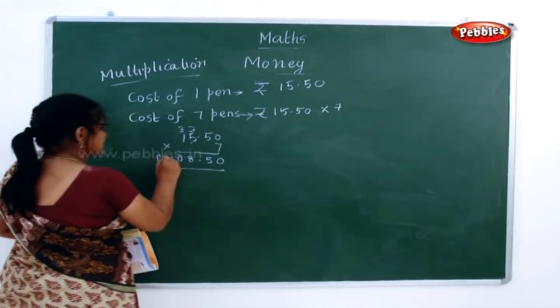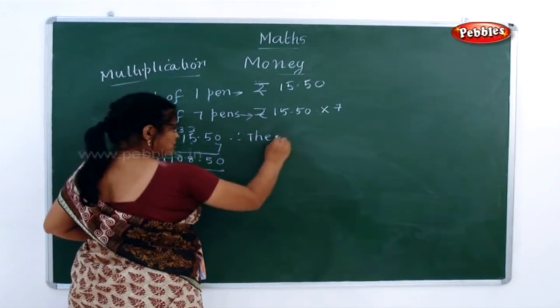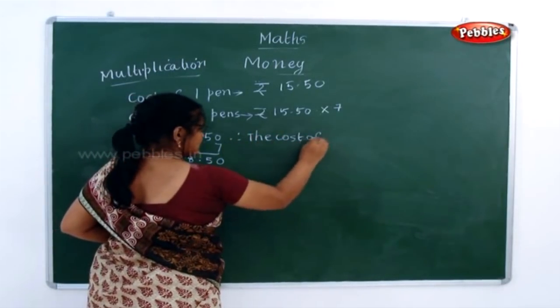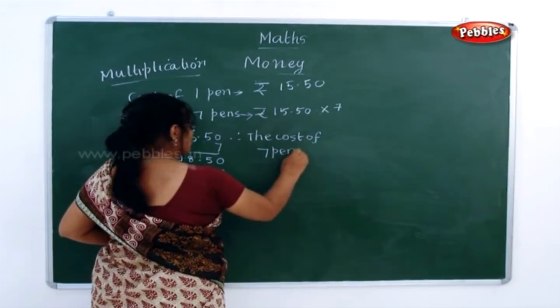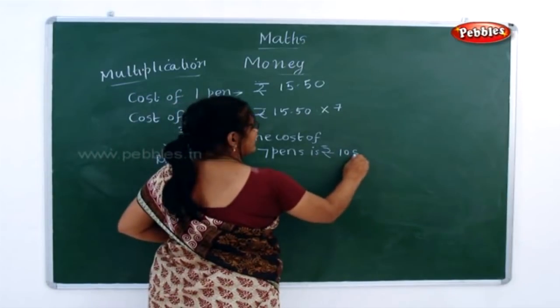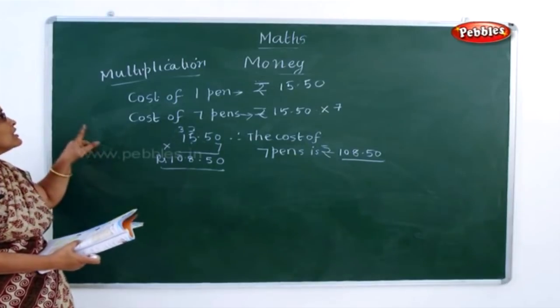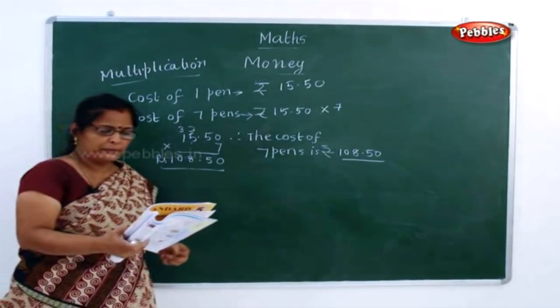So now what is the answer? Now you will write the cost, therefore the cost of 7 pens is rupees 108 rupees 50 paisa. So this is how you have to do your statement sums in your multiplication.